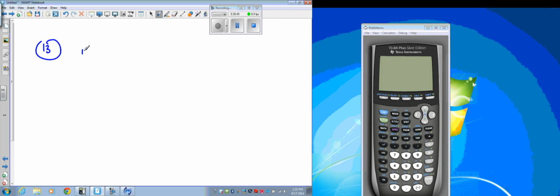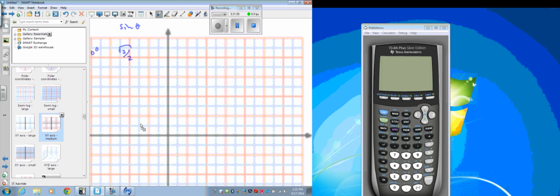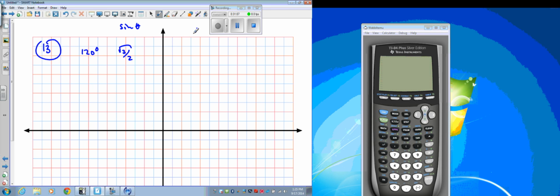So it's 120 degrees, and they have given you the sine of theta is the square root of 3 over 2. Now, Chris, tell me this: how did they do that?